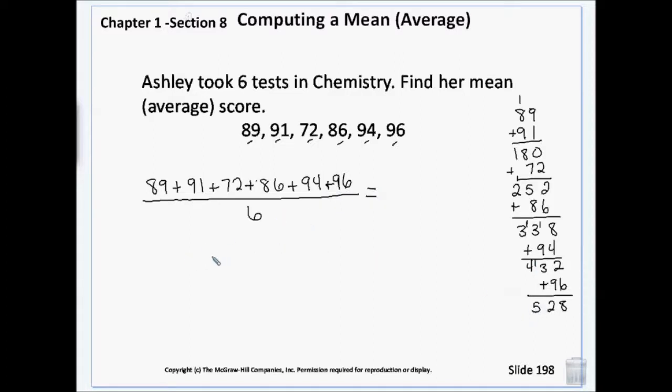So this is going to give me 528 divided by 6. So 6 will go into 5 no times. It'll go into 52 8 times. So her test average is an 88%. So if her grade was totally on tests, she'd have a B.